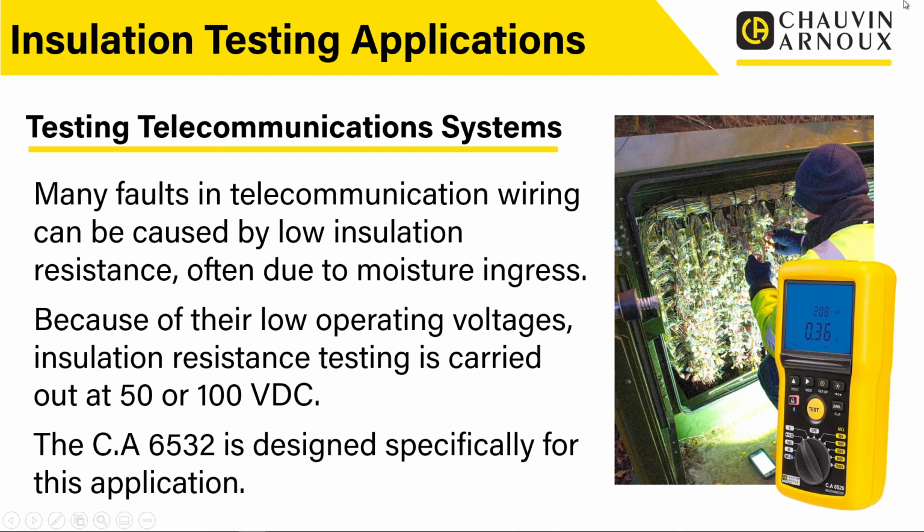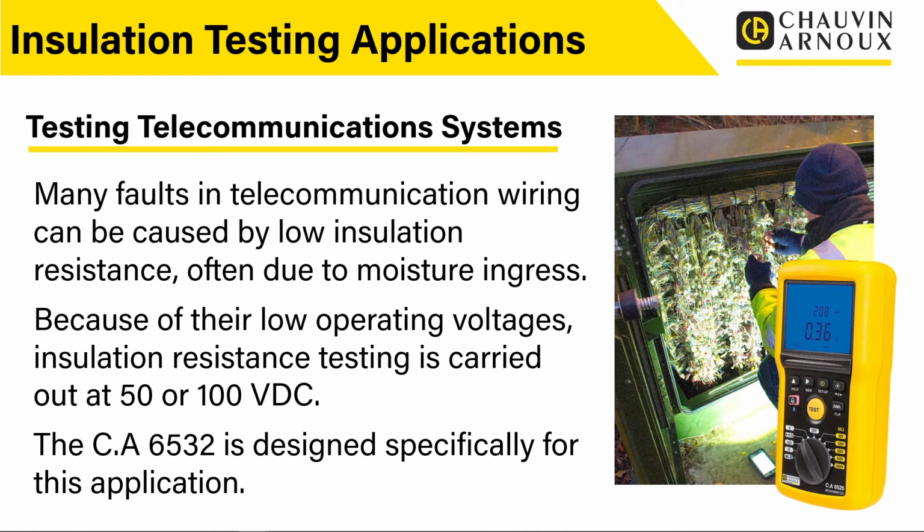So we actually have a product specifically designed to do this. Some of the other products have got the 50 volts and the 1,000 volts on them. But we've actually got this CA6532, and that's designed specifically for telecommunications applications. And it's got a few extra features on there as well.